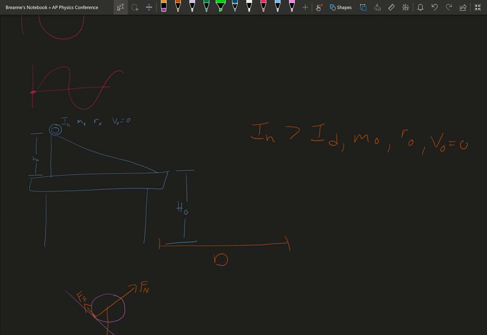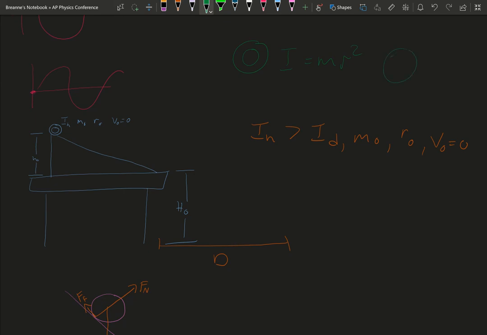Let's see, I'm going to compare. So it says for your hoop or ring, your I is mr squared.